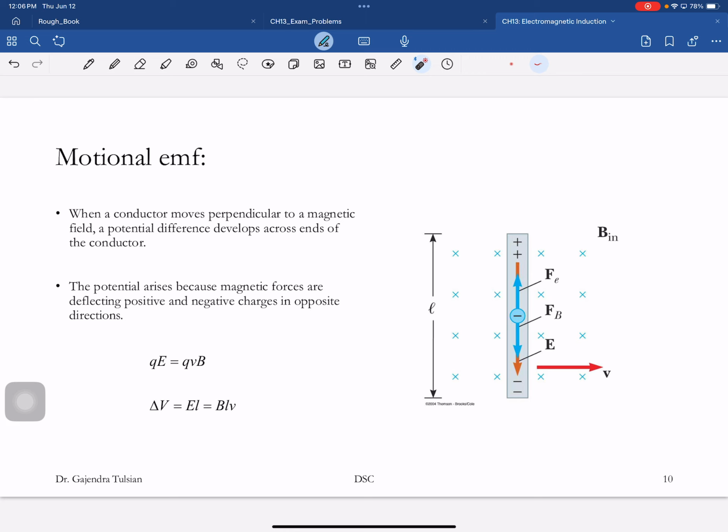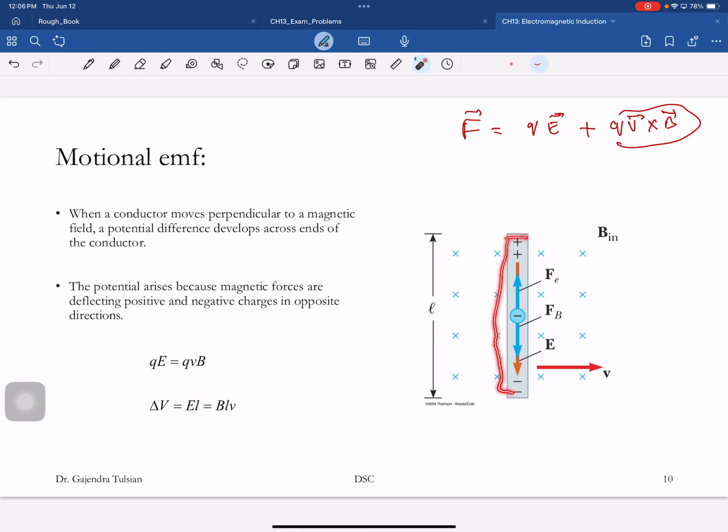All right, now we'll talk about the second part of this. Magnetic fields exerting forces on moving charges. Let's see what happens. In this diagram, you see a magnetic field into the plane of the paper.